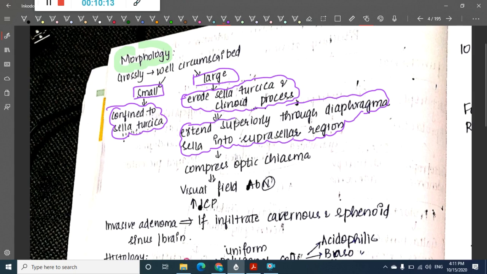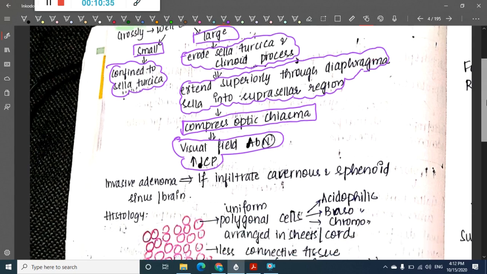And it can also compress the optic chiasma. Once it compresses the optic chiasma, it will lead to visual field abnormalities and increased intracranial pressure. So this is an important thing in pituitary adenoma.